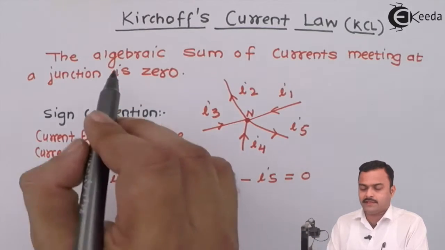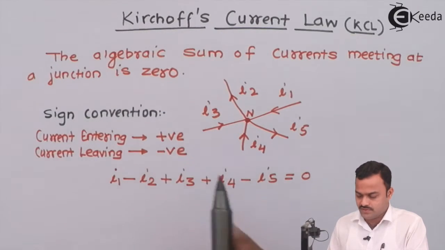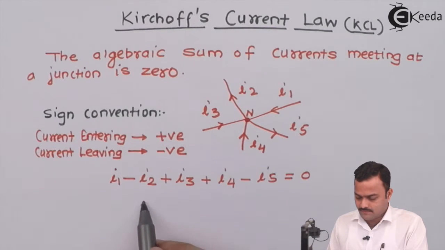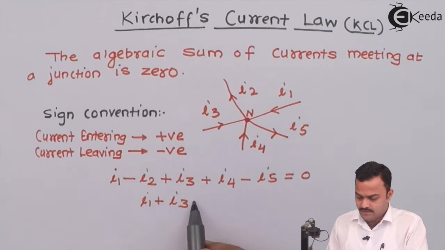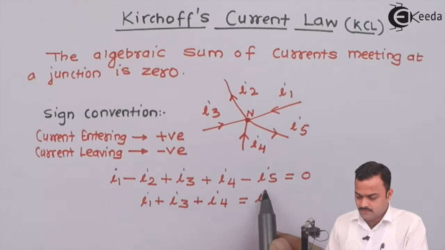So here we have taken into account the sign of the current by knowing the sign convention in order to get this statement. Let's have all the terms positive, with a sum of terms on the left hand side and a sum on the right hand side. That will give us I1 plus I3 plus I4 equal to I2 plus I5.